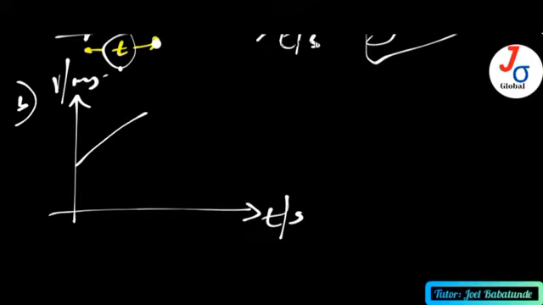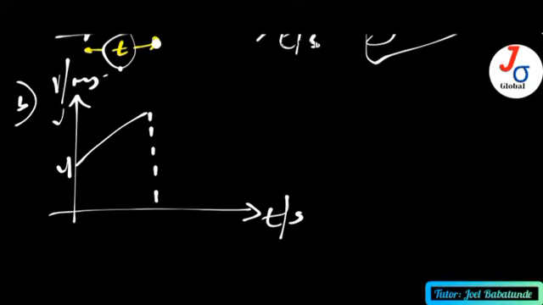So that means it starts from here. Let's call that u, and then it stops at v. It does that for a particular time. So what's going to be the total distance traveled by this object?